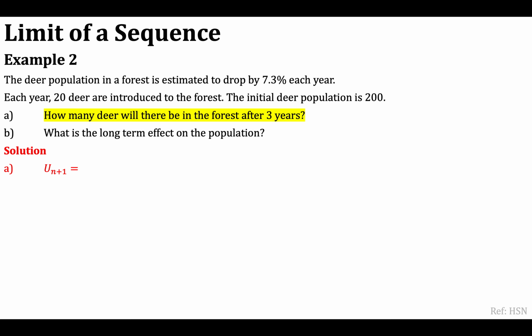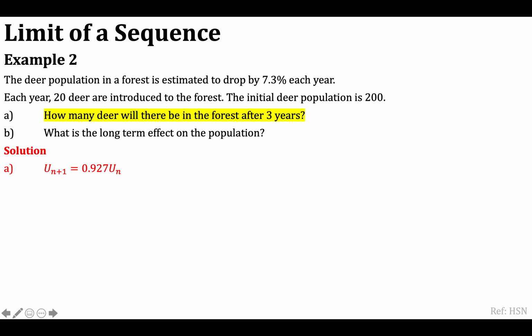So we'll firstly look at part A. So we need to define the recurrence relation firstly, because you can see that we've not been given one at the moment. So u(n+1) is equal to, now you'll notice that it's a drop by 7.3%.